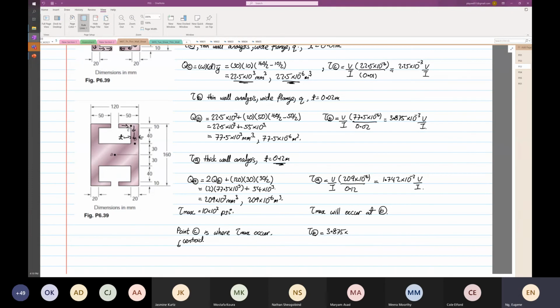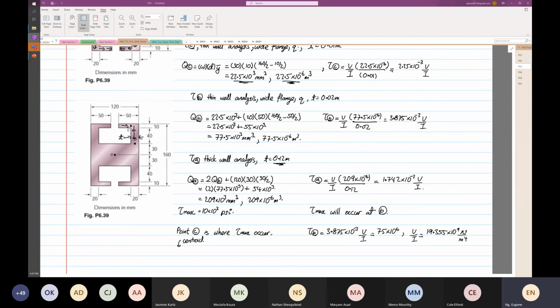So now the shear stress at point B will be equal to 3.875 times 10 to the power minus 3 V over I, and this will be equal to 75 times 10 to the power 6. So from here, your V over I ratio is 75 times 10 to the power 6 divided by 3.875 times 10 to the power minus 3. This will be equal to 19.355 times 10 to the power 9 Newton per meter to the 4.